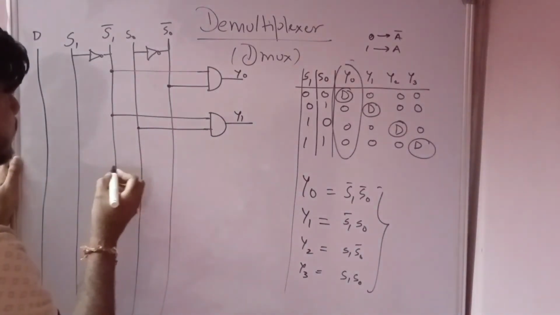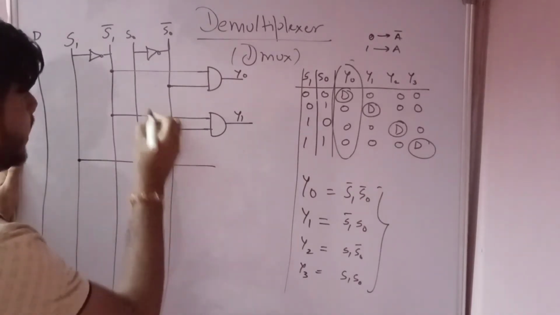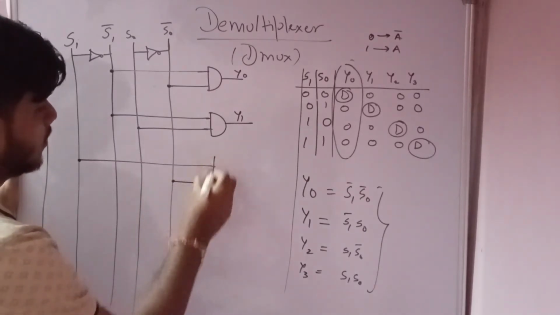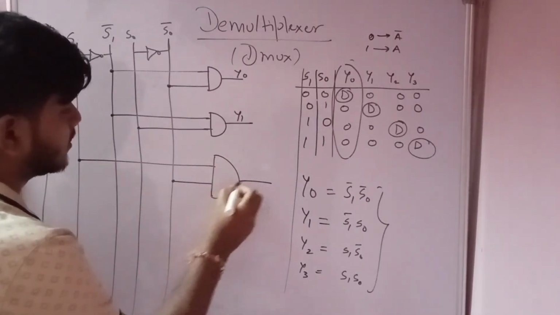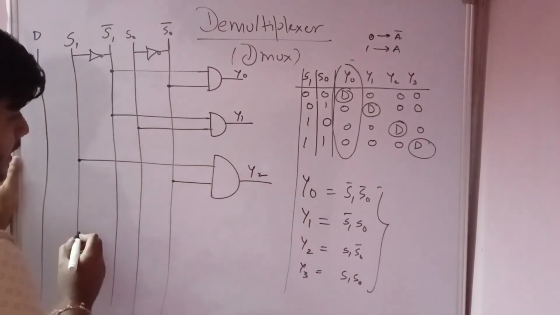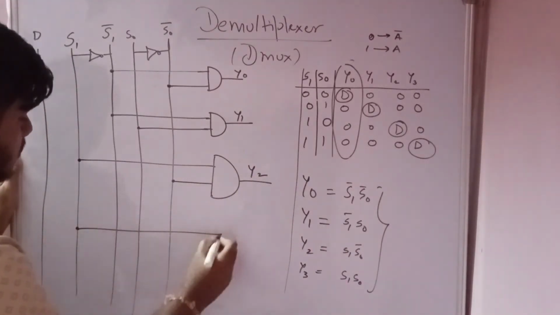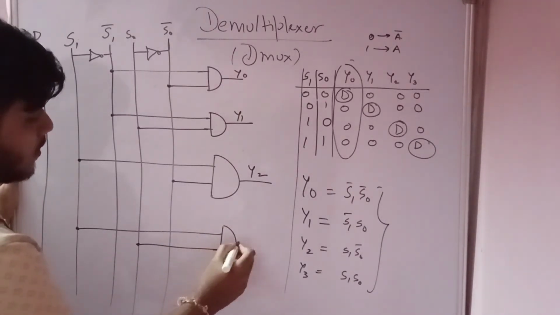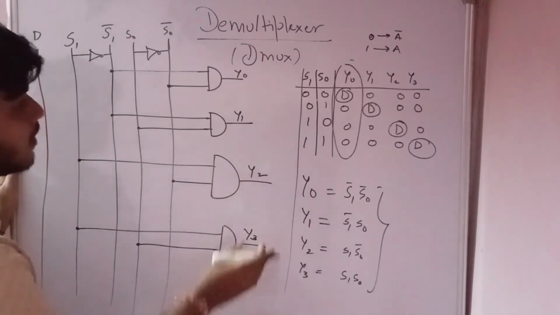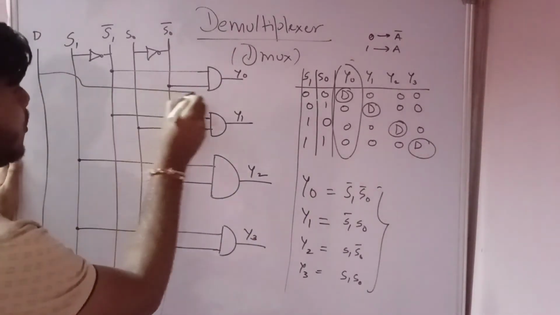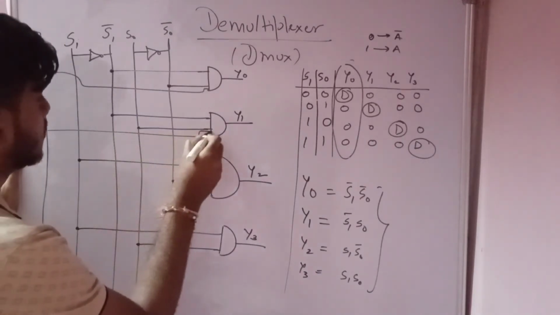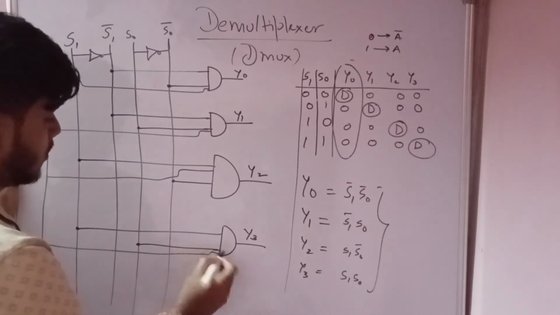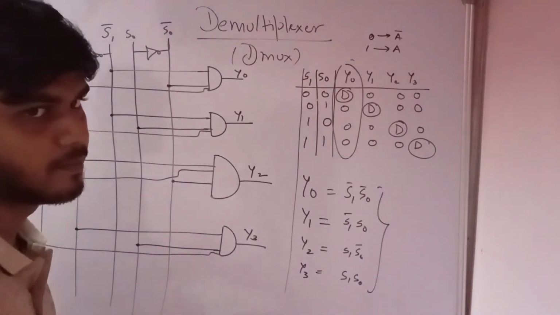In similar lines, when we have S1 and S0 bar, we get Y2, and where S1 and S0, we get Y3. This data pin will be going to all of these. So this is how you can enable them.